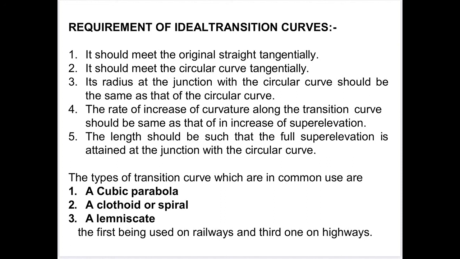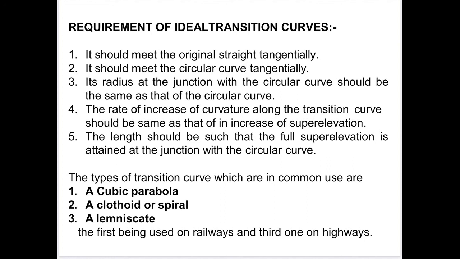The rate of increase of curvature along the transition curve should be the same as the rate of increase of super elevation, and the length should be such that the full super elevation is attained at the junction with the circular curve. So these are some requirements of an ideal transition curve.